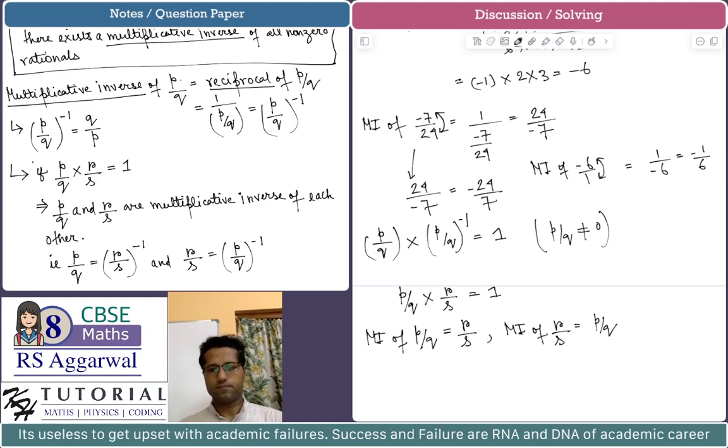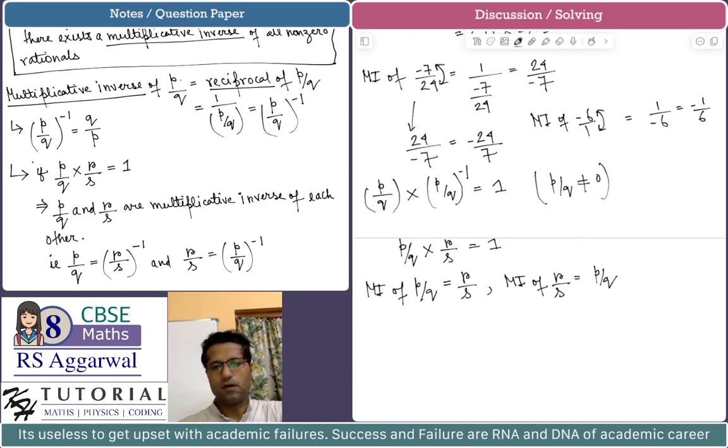Okay, so as an example, if you have this kind of equation, let's say 2 by 3 multiplied by some unknown rational number x is equal to 1, then you immediately know that x will be equal to the multiplicative inverse of 2 by 3.